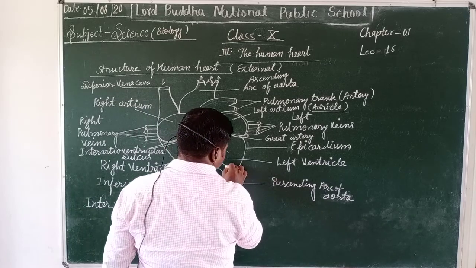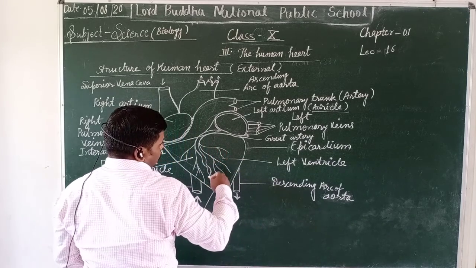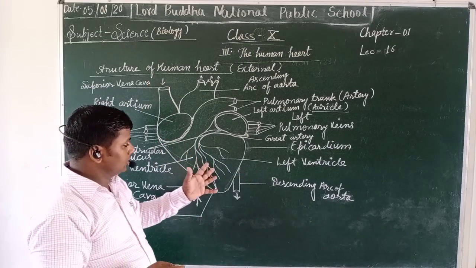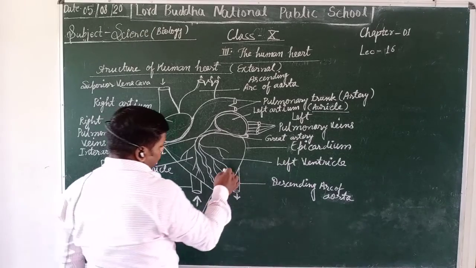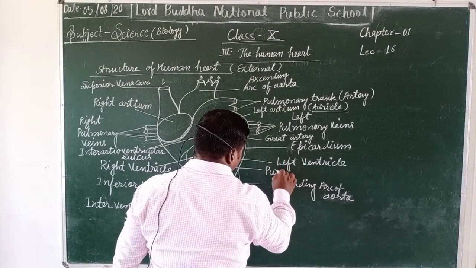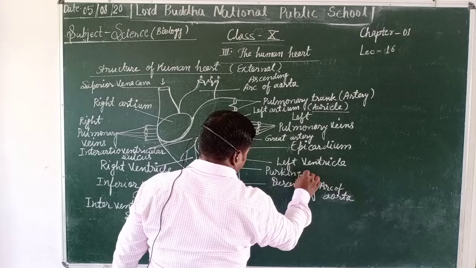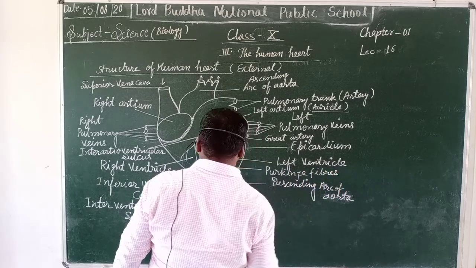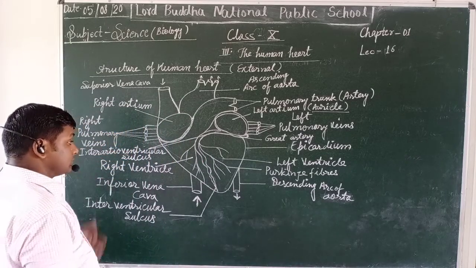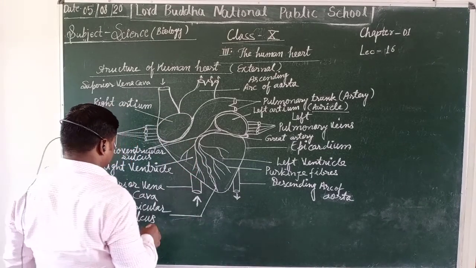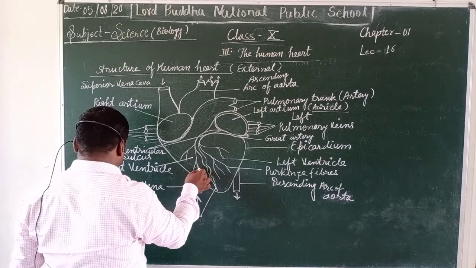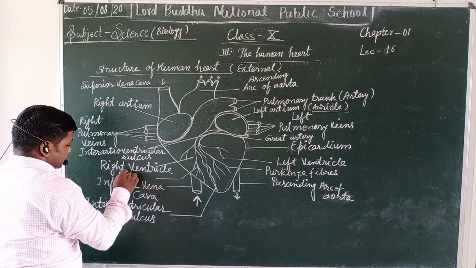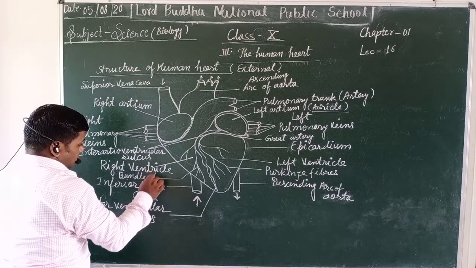This is called the left half part. The brown blood vessels are called Purkinje fibers. And these are called bundle of His.